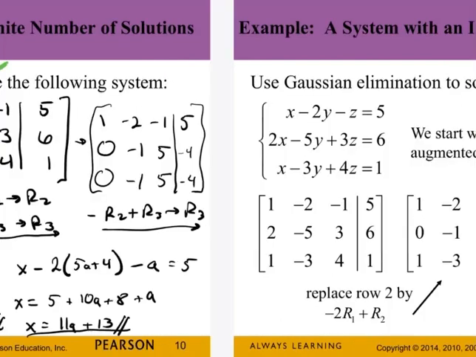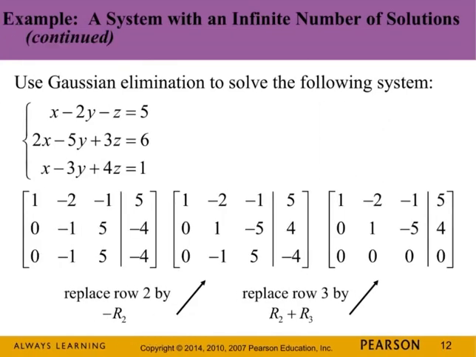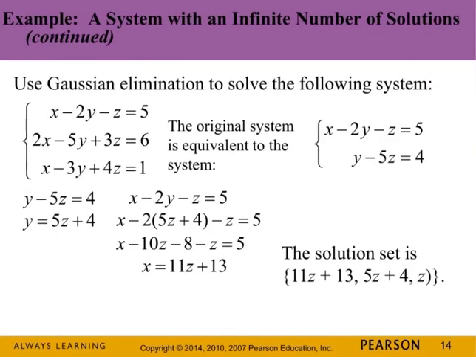So let's look at, and we have a typed version of this. So using row operations, eventually, see, they got the row of all zeros like we got. So then this system can be expressed as this matrix. Okay, that's fine. And here, right?